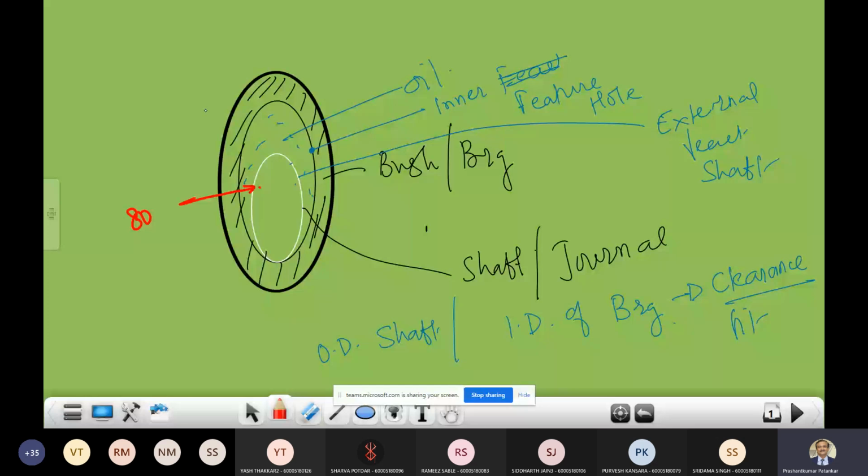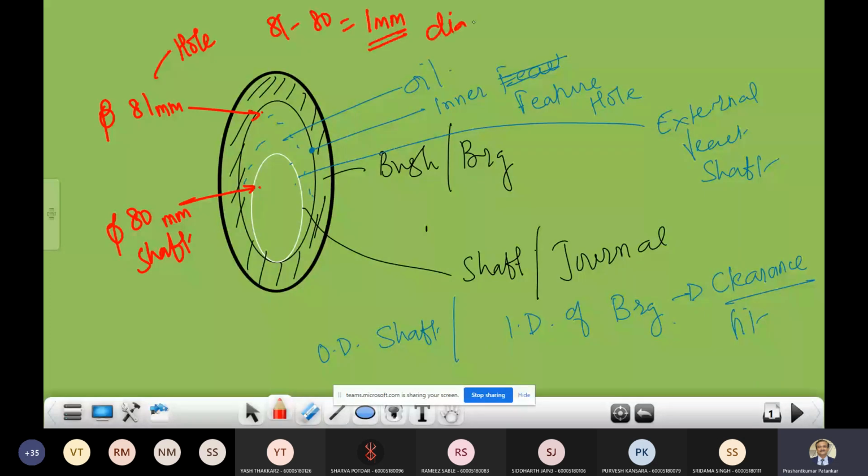Both these numbers give you the diameter of the shaft and the diameter of the hole. So 81 minus 80 is equal to 1 millimeter.